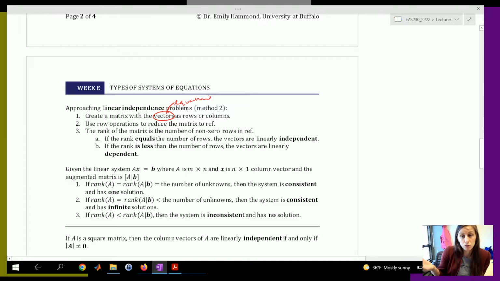If there are 3 rows that aren't 0, that means there are 3 linearly independent equations or vectors in that matrix. If the rank is less than the number of rows, like in this example where my rank would be 2 and the number of rows is 3, then my vectors are linearly dependent.